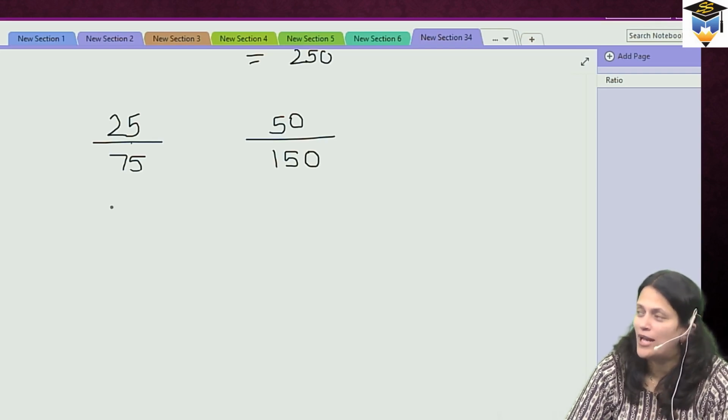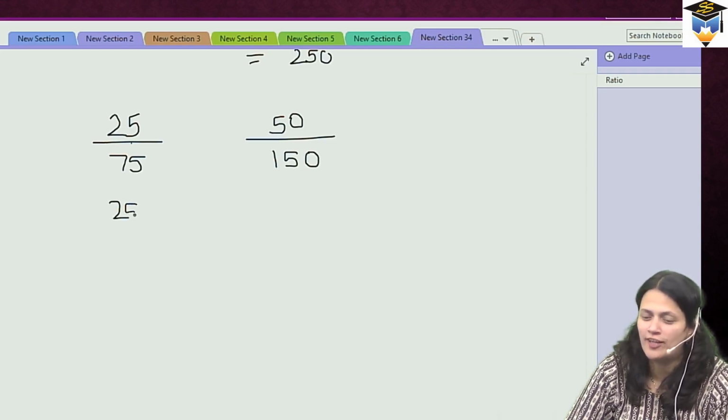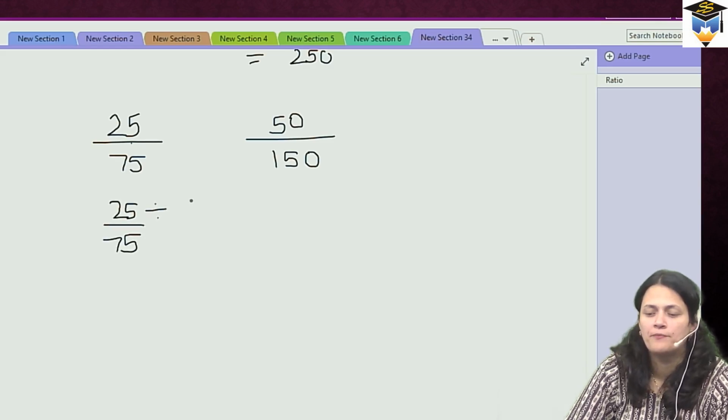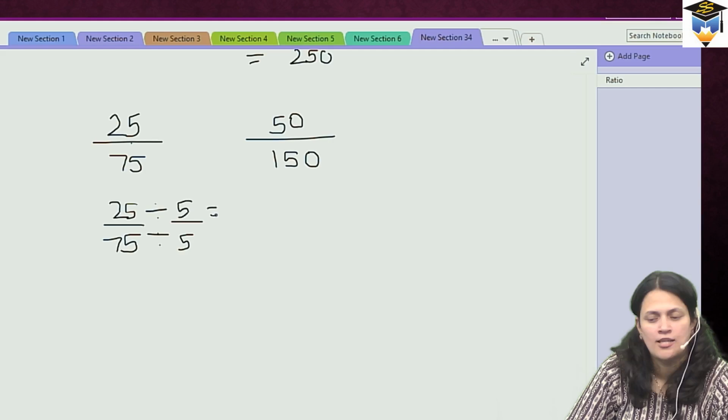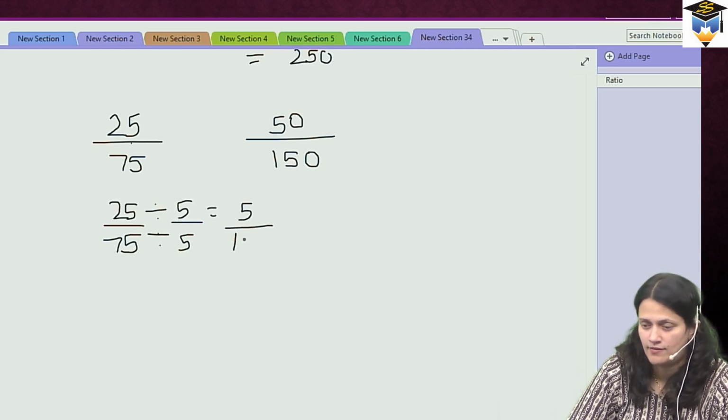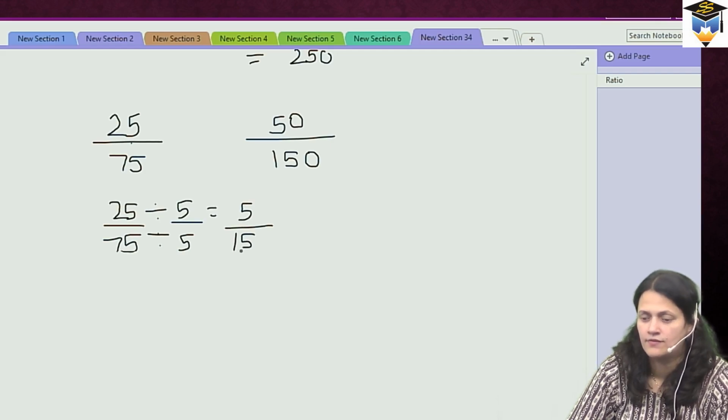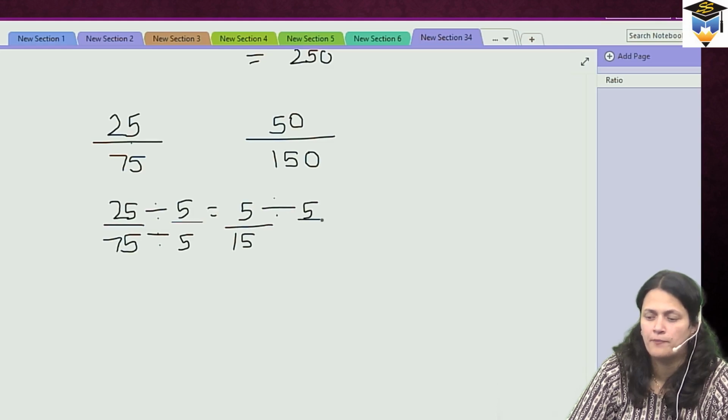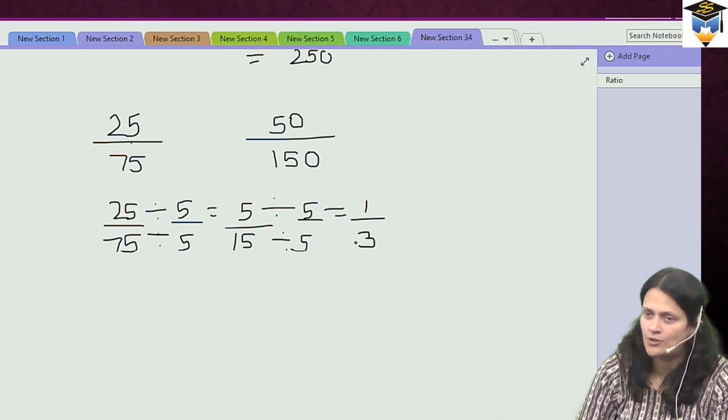Okay. Now I'm going to take the first ratio 25 divided by 75. Convert this ratio to the lowest form. So answer will be 5 upon, correct? Again divided to the lowest form. So it will be, now this is the lowest form.